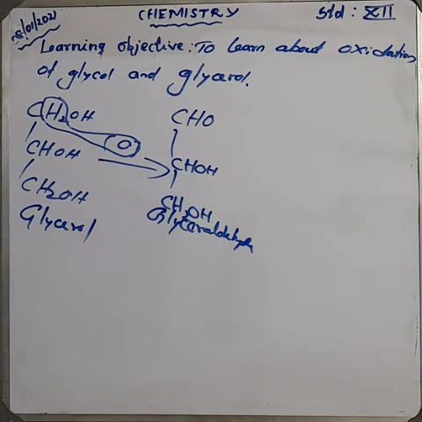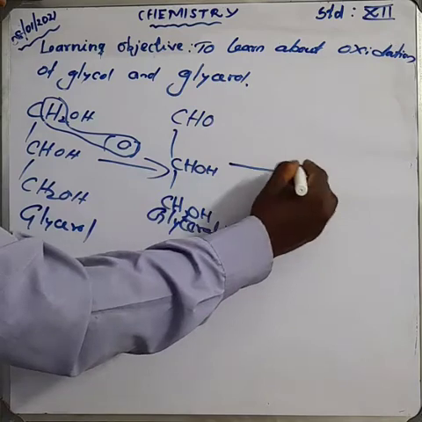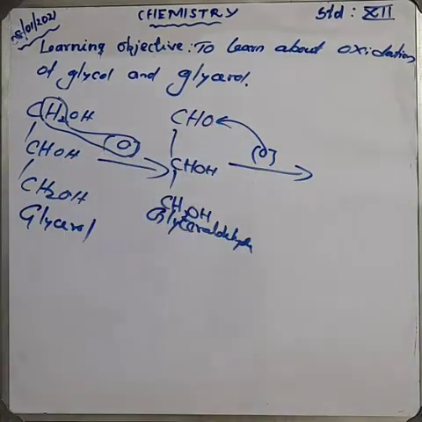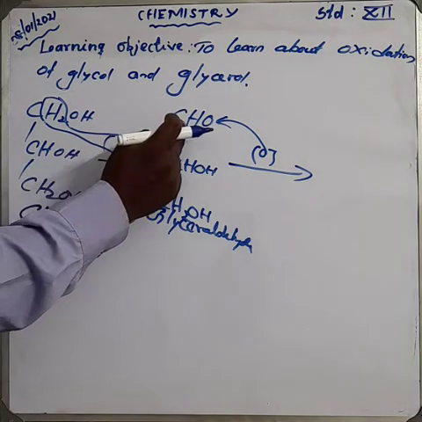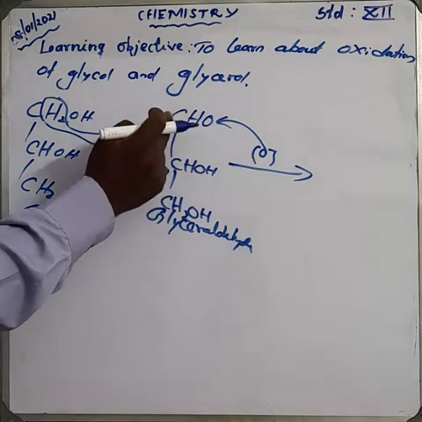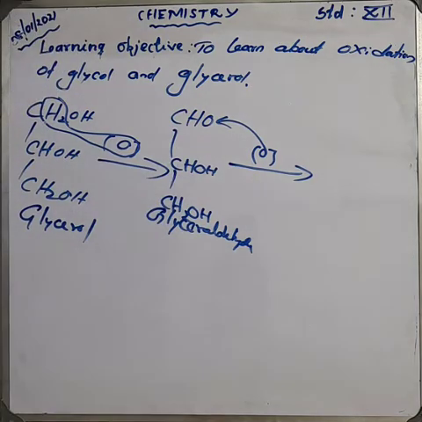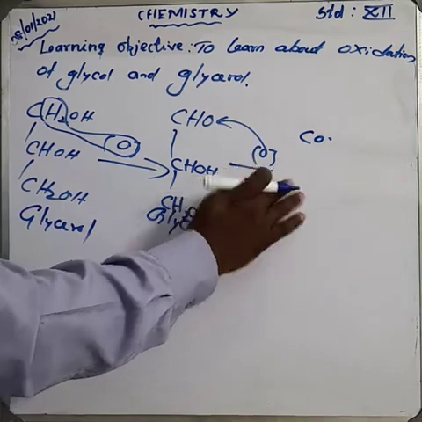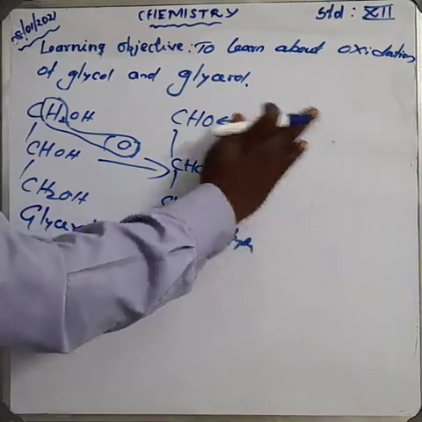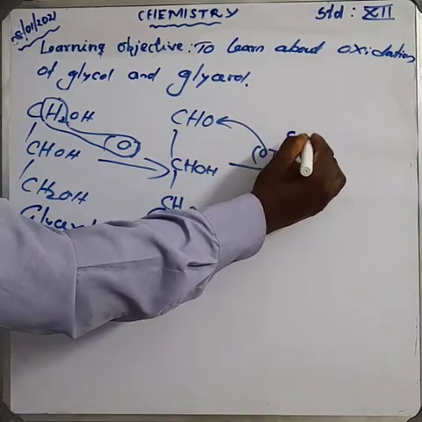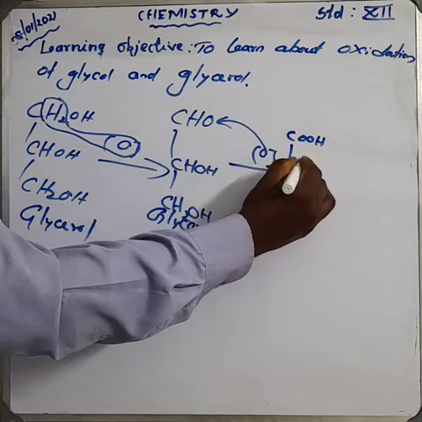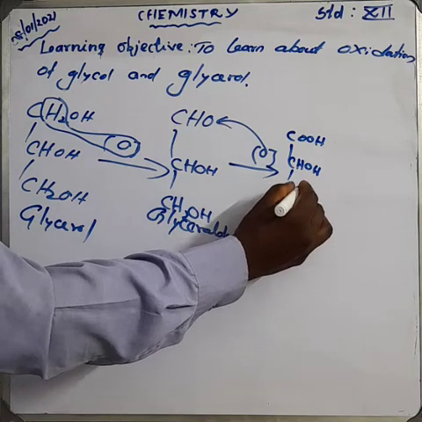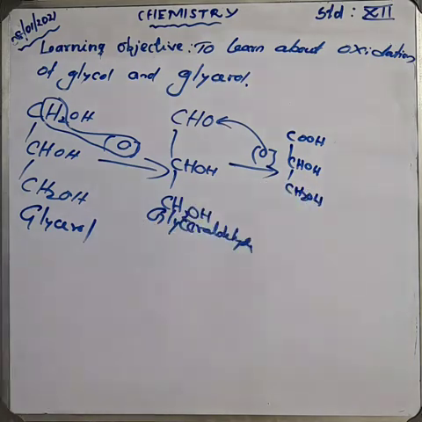Now the aldehyde is converted to an acid. It undergoes oxidation. The CHO is converted to an acid, that means COOH.